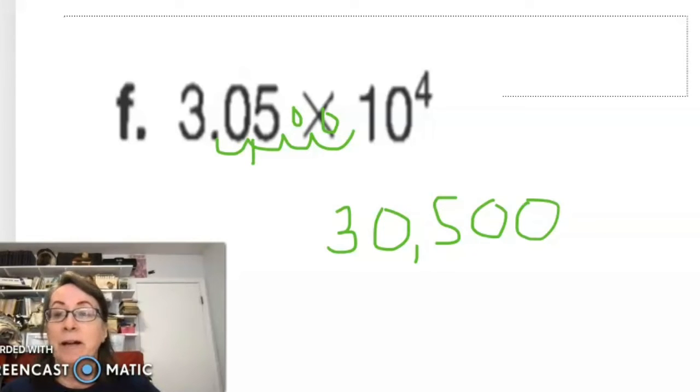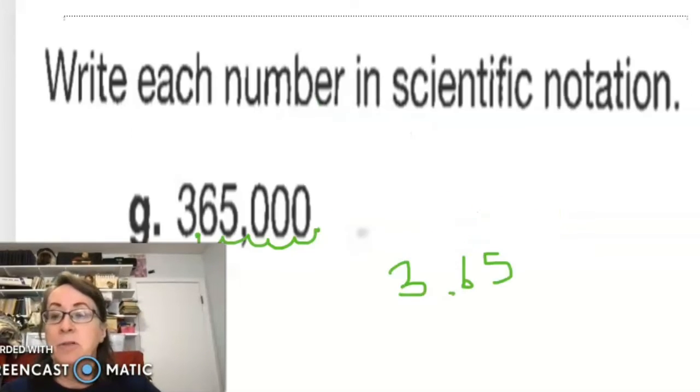All right, so here we are on G. It says write each number in scientific notation, and we have the decimal here at the end, so we're going to move it 1, 2, 3, 4, 5 places to the left to get the decimal where we want it.